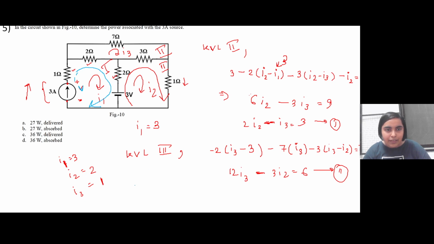So if you apply KVL in loop 1 now, it will be: let the voltage be V, into 1 minus I1 into I1.